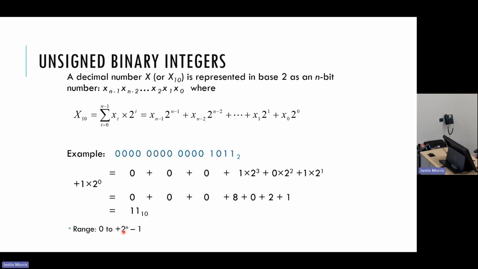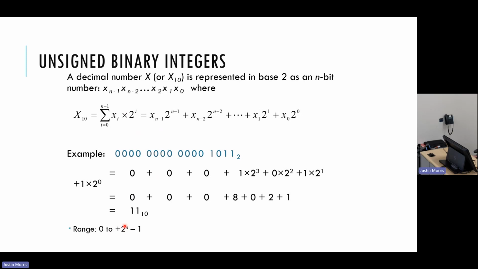But that's really just 10 to the third power, which is 1,000, minus 1, 999. But it's the same thing for binary. Now we're 0 to 2 to the number of digits that we have.